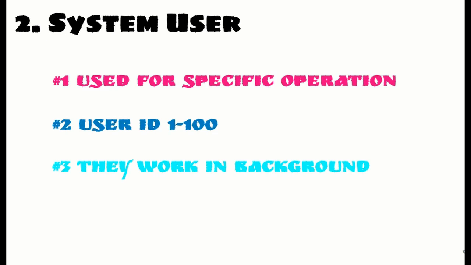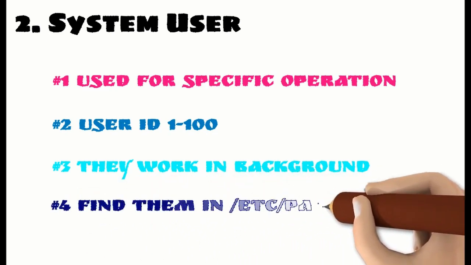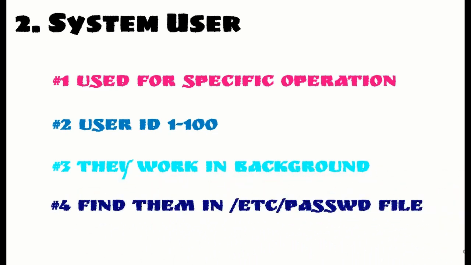If you wish to see the current running system users, you will find them in etc/passwd file. Now this file is nothing but a text file. It gets updated by the system every single time. The contents inside this file are very interesting to read, for which I'll make a separate video.